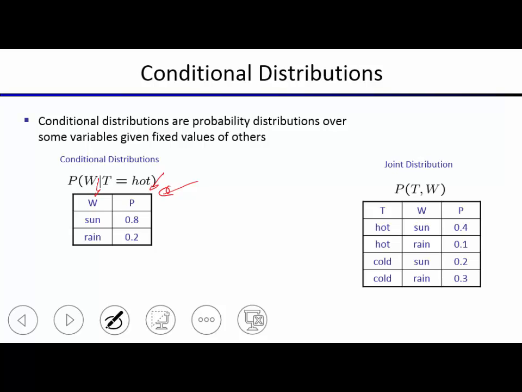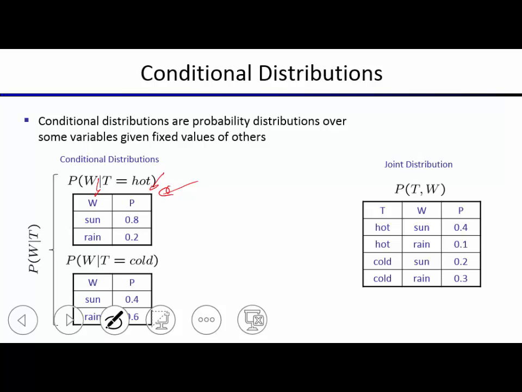Now we can do the same thing for temperature equals cold. And so together, we write this as this thing over here, P capital W given capital T. That denotes the set of conditional distributions shown over here.